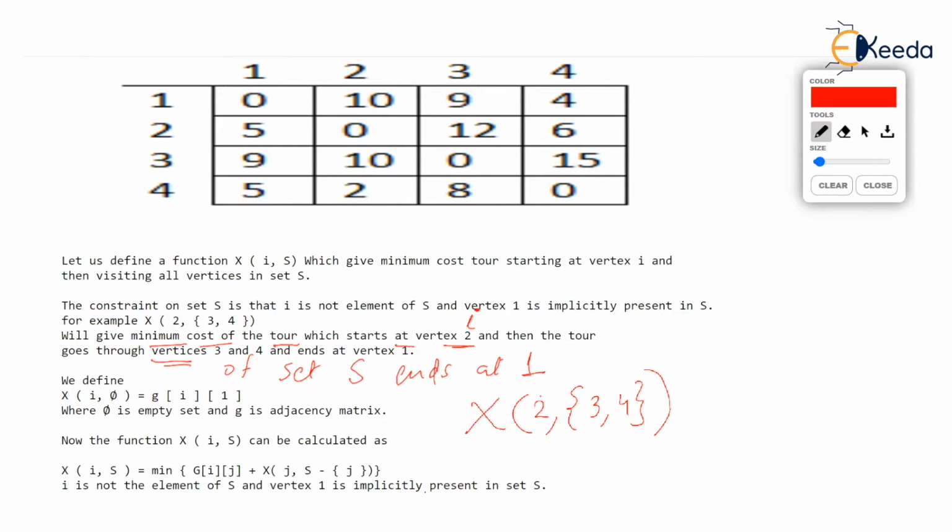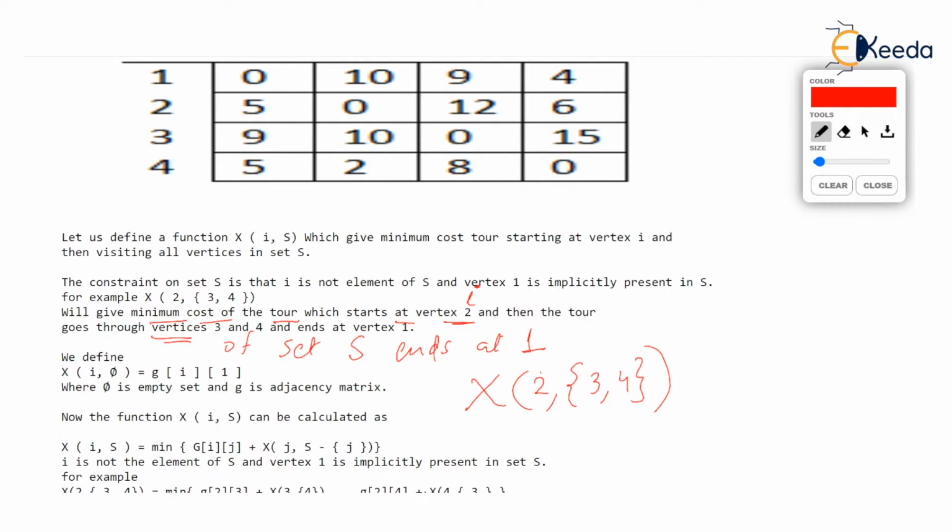So it's going to tell us, if you start your travel from vertex 2, then you visit all the vertices of set S. Now set S is having 3 and 4.